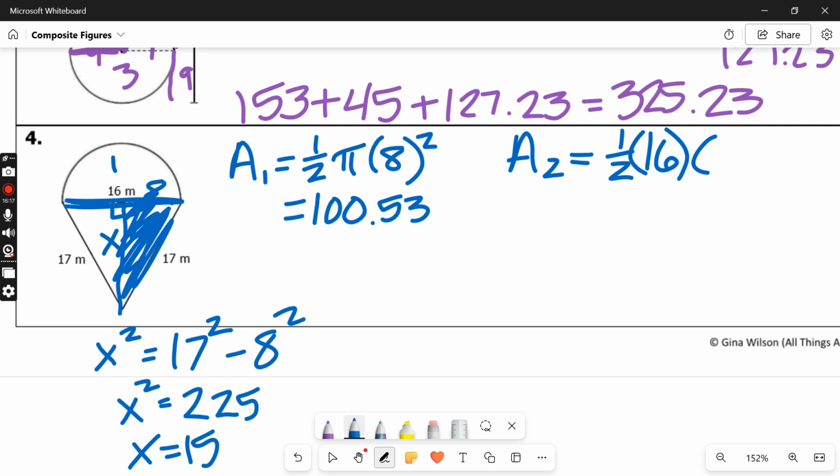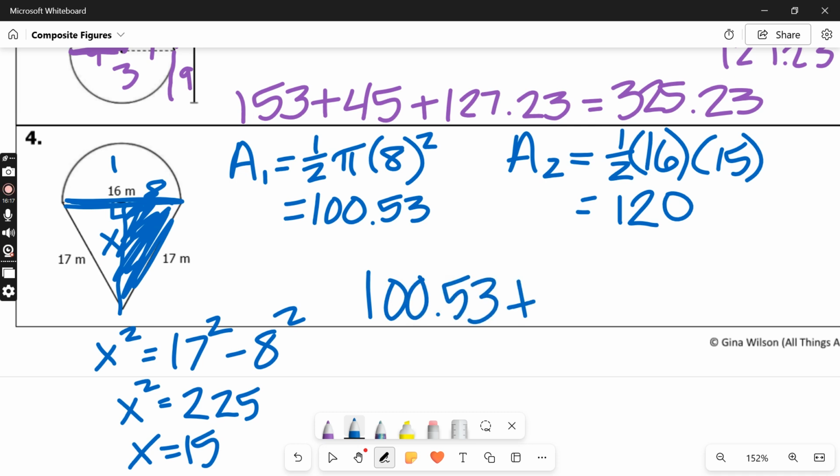So I'm going to do my area is 1/2 times 16 times 15. Okay. And when I do that, I get 120. Then I'm going to add those two together. 100.53 plus 120 is 220.53.